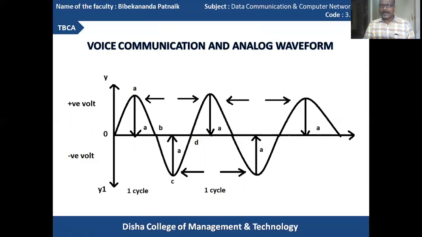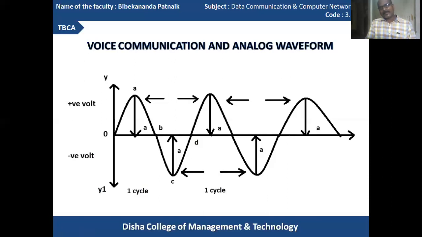A simple example of this: the telephone handset translates the frequency, that is the frequency swing of air, to electrical energy, that is plus and minus, with similar waveform characteristics. It may sometimes be plus. In this case, this is in plus mode and this is in minus form.